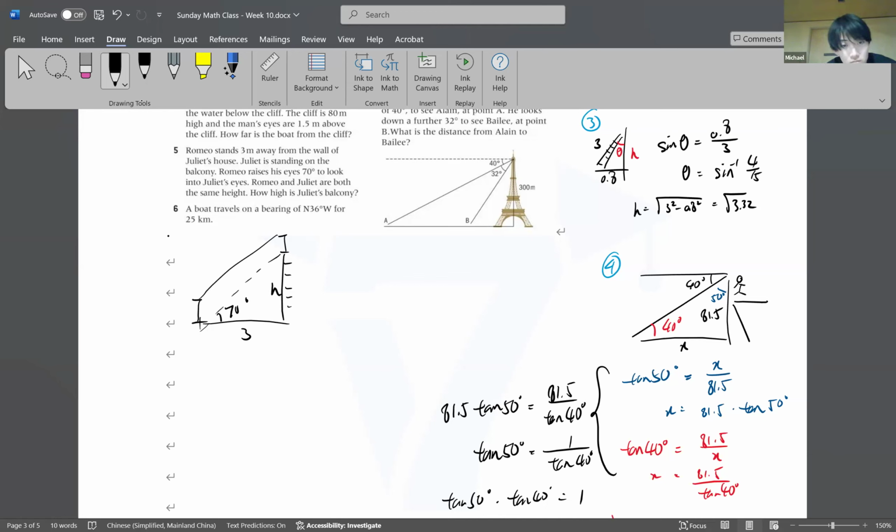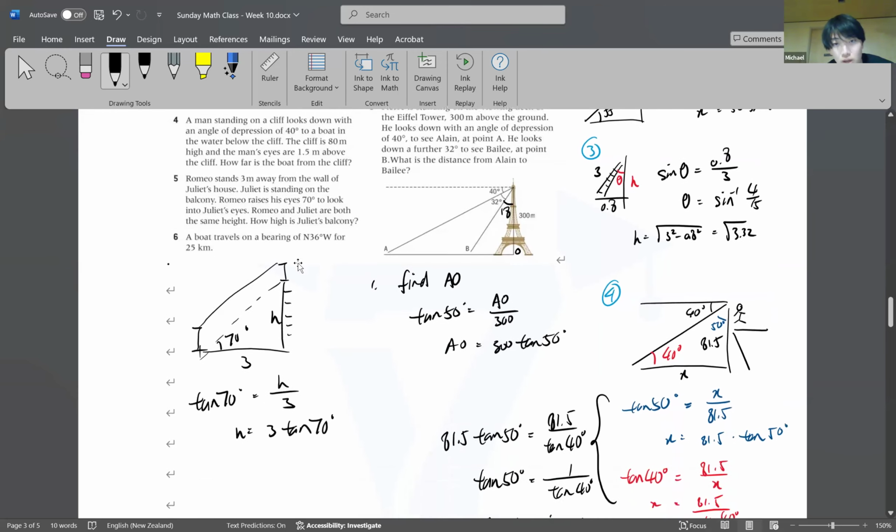AO is the longer one, and this angle here is, because it's 90, 90 minus 72 is 18. So this big angle is 50. Okay, so we have tan 50 equals opposite, which is AO, over adjacent 300. And your AO is 300 tan 50 degrees. Cool. And as I said, the second step is to find BO.